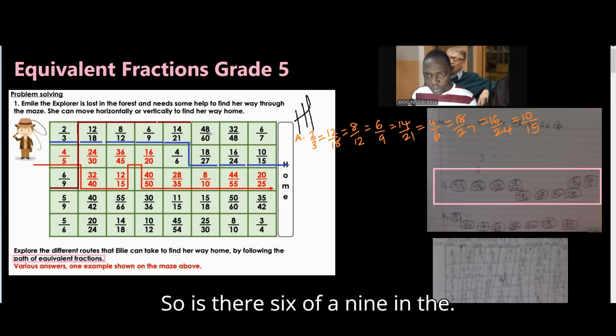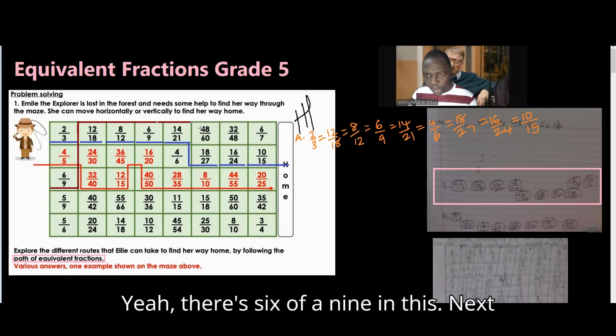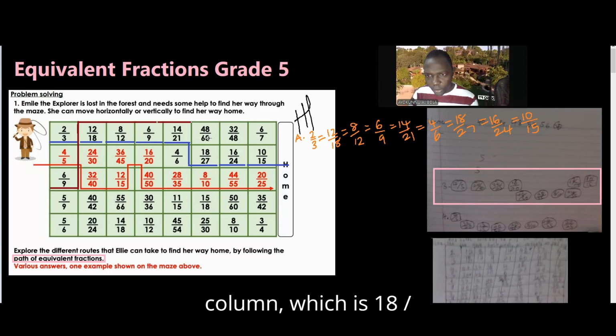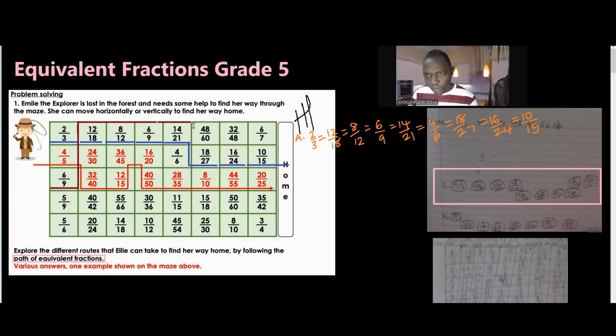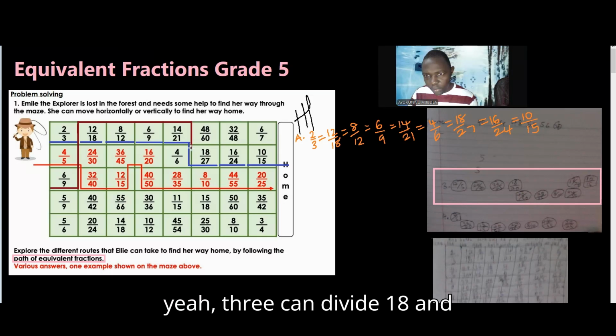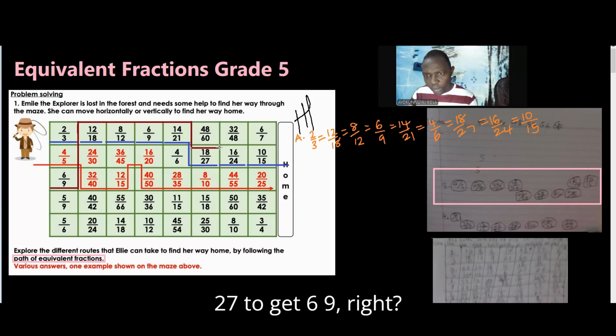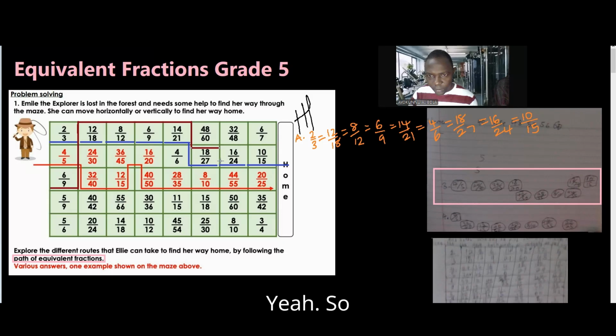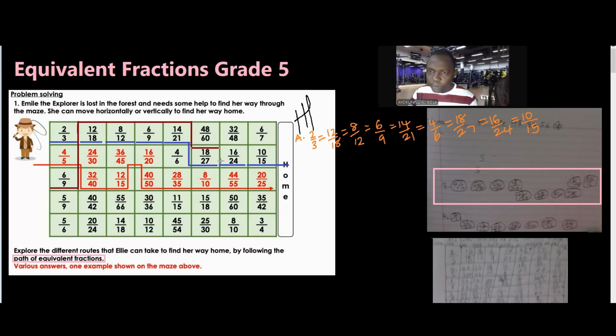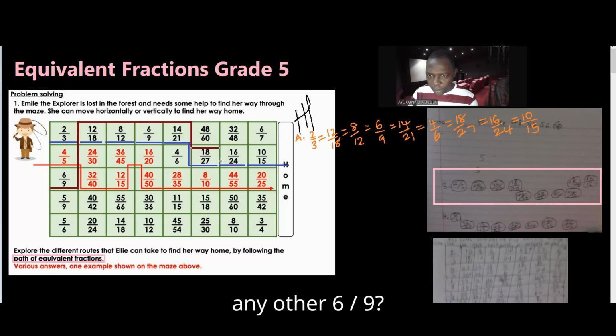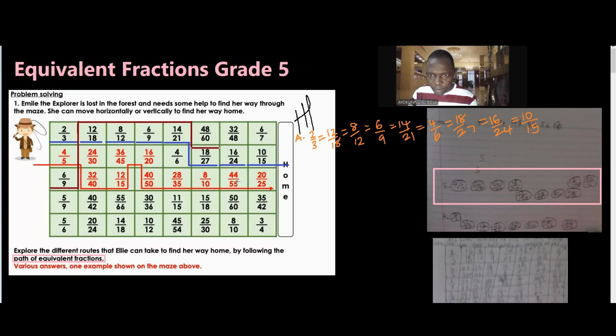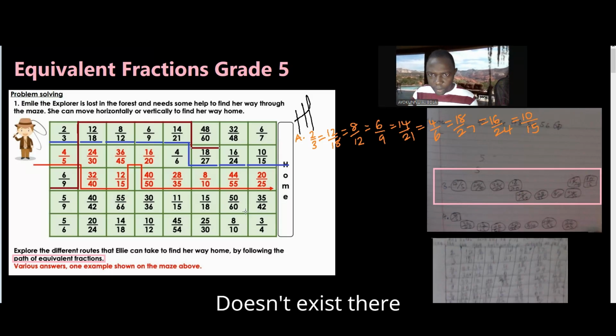Is there 6 over 9 in the next column? Yeah, there's 6 over 9, which is 18 over 27. 3 can divide 18 and 27 to get 6 over 9, right? Yeah. Any other 6 over 9? It doesn't exist there.